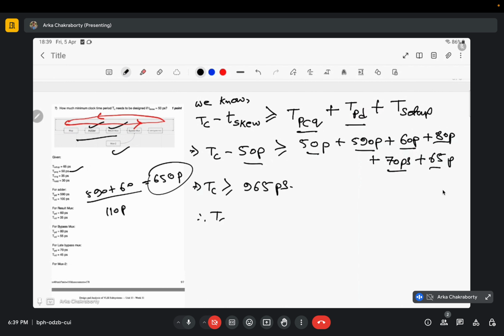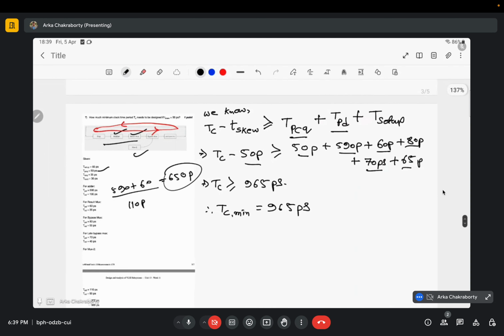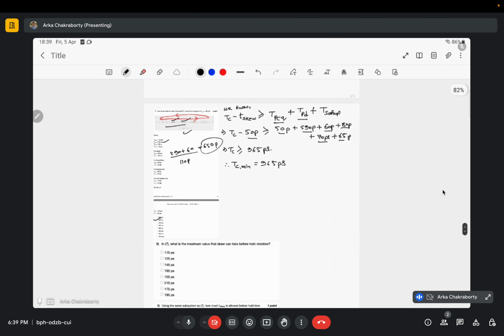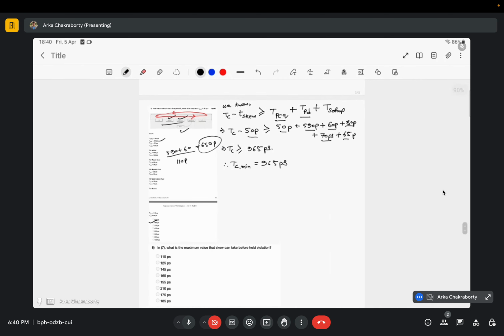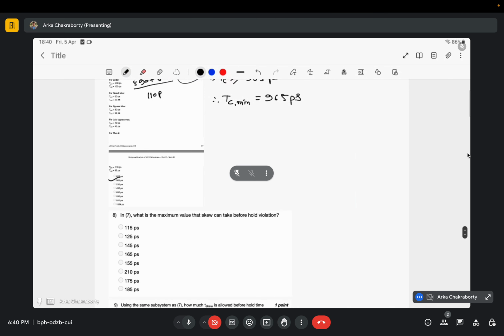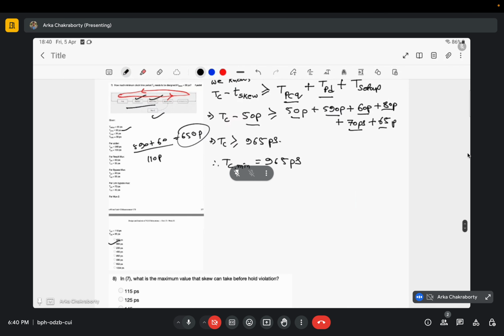Therefore TC minimum would be 965 picosecond. This is the correct answer. Clear, everyone? Okay, I hope it's clear. You can take a moment to look into it.